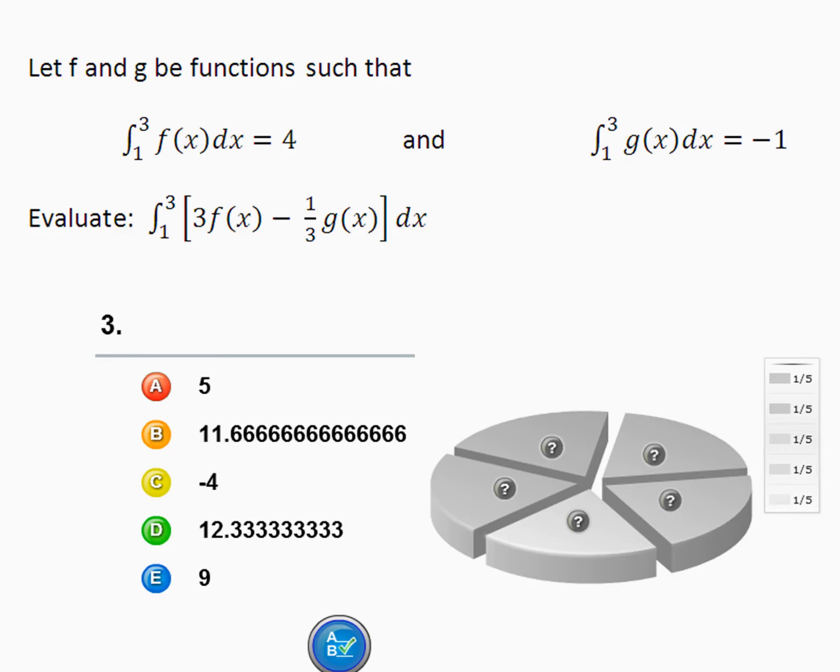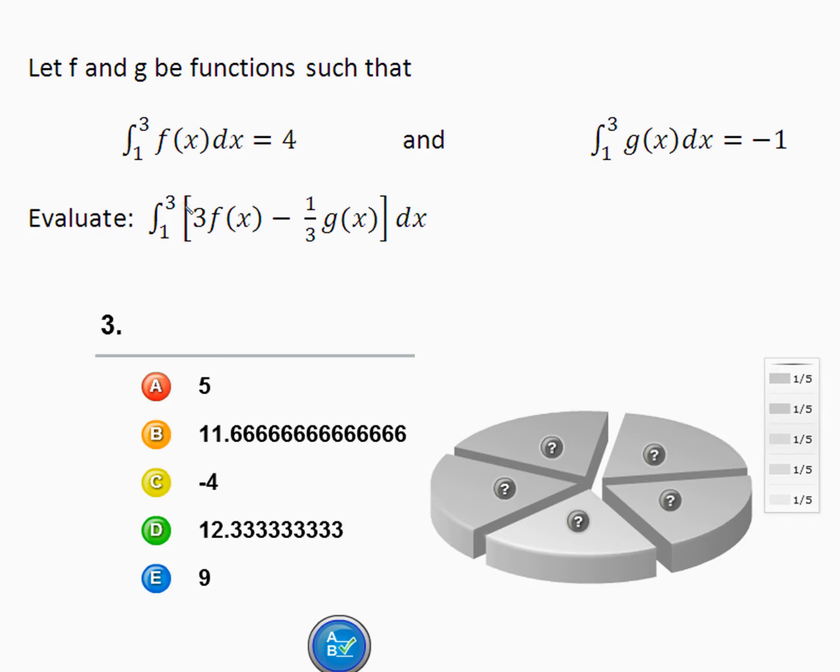Moving to the next example, f and g are functions. The integral of f from 1 to 3 is 4. The integral of g from 1 to 3 is negative 1. And we want to find out what this expression would be equal to. We use a couple different properties here. First, we have a difference, so we could subtract the two integrals. The 3 could come out front when we look at this integral.